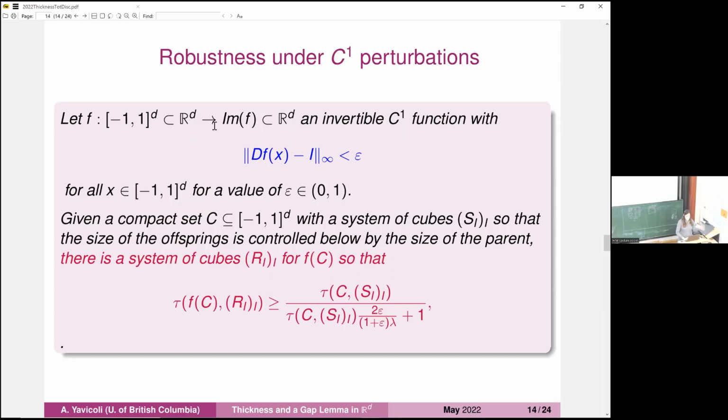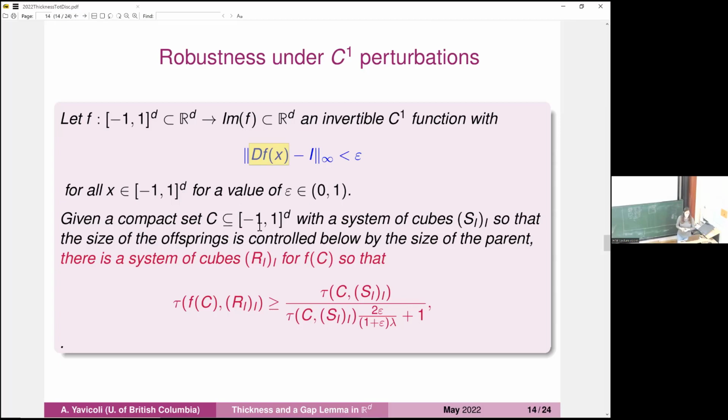If we consider a function from R^d to R^d that is an invertible C^1 map for which the derivative matrix is very, very close to the identity, and we consider a compact set and a certain system of cubes, and we want to apply f to all of that, then we have f(C), and we can consider also f of the cubes, but now they are not cubes anymore, right?